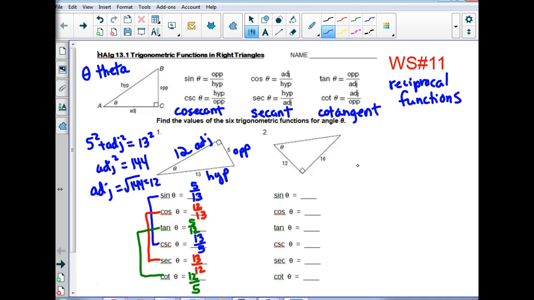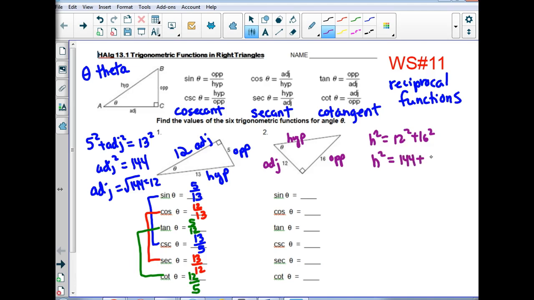So now we're going to try another one. First, let's go ahead and find the hypotenuse since it's missing. From theta, the 16 is the opposite leg, and the 12 is the adjacent leg. Okay, so I'm going to do Pythagorean theorem. H squared equals 12 squared plus 16 squared. 12 squared is 144.